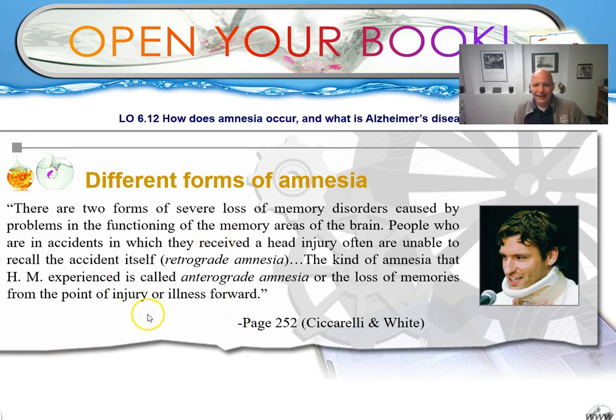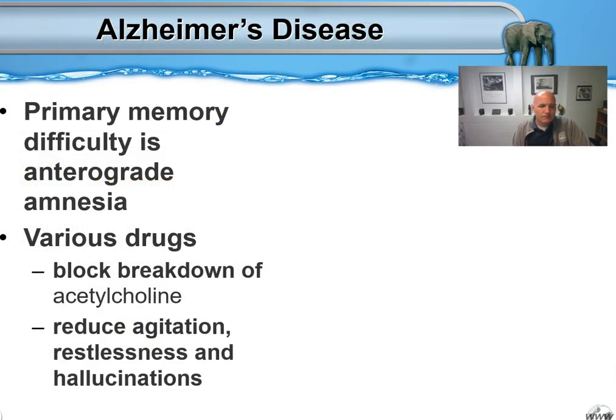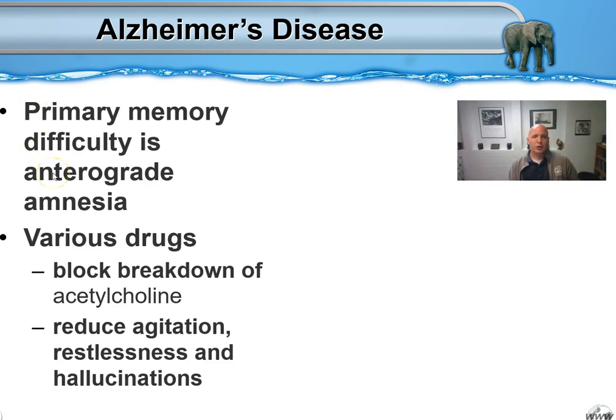The kind of amnesia that this individual in the picture here has experienced is anterograde amnesia, loss of memory from the point of injury or illness forward. Now, Alzheimer's is a type of anterograde amnesia that happens because the acetylcholine breaks down.